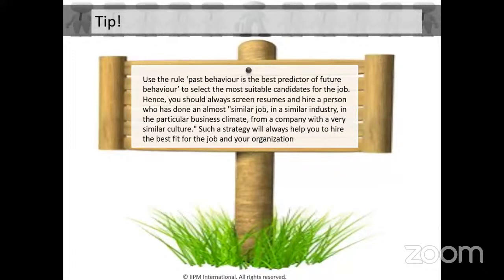Hence, you should always screen resumes and hire a person who has done an almost similar job in a similar industry, in a particular business climate, from a company with a similar culture, and who has also done similarly well. Such a strategy will always help you to hire the best fit for the job and for your organization.